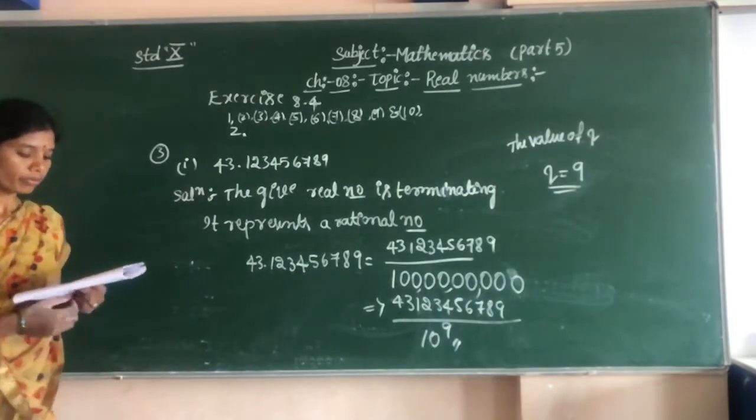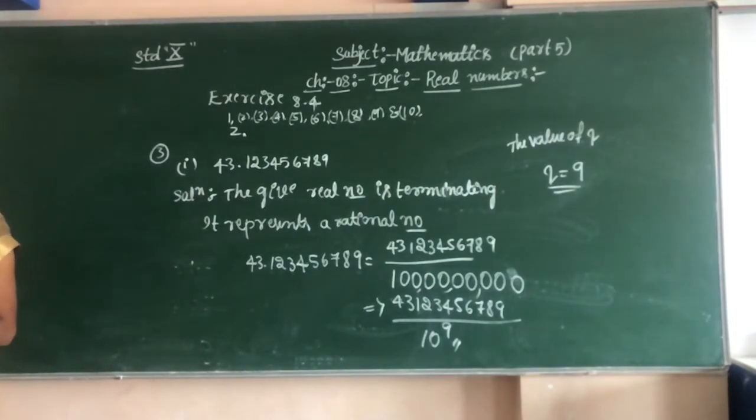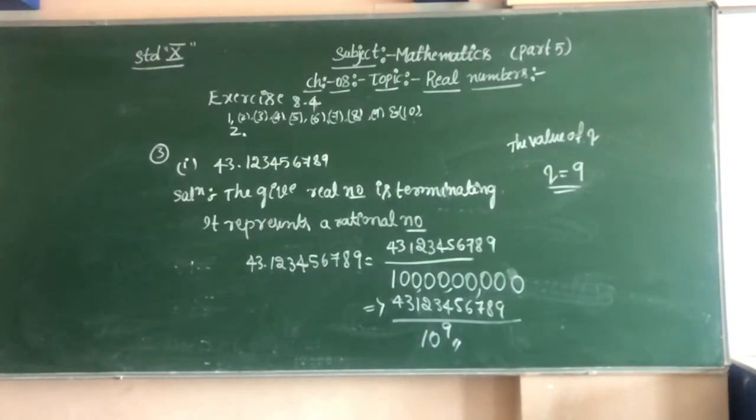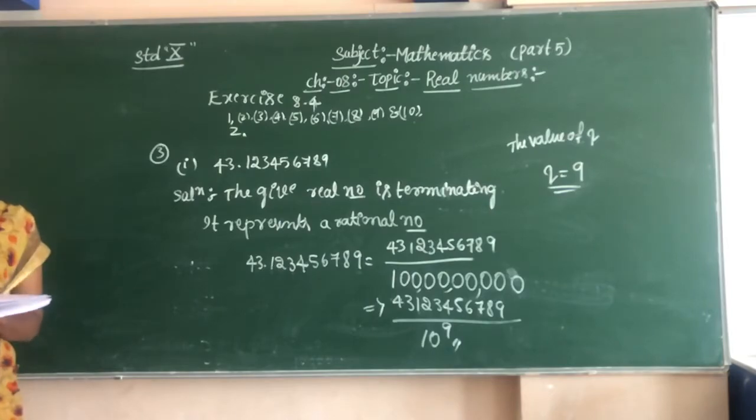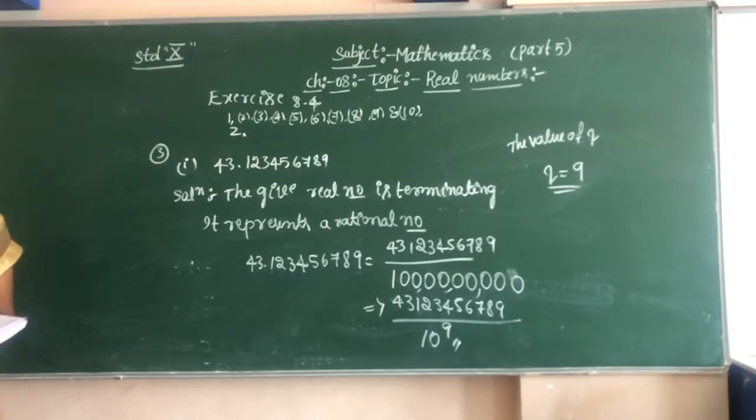Okay, children. So in the given second one, 0.1201201000120012... with four digit zeros. So is this a rational or an irrational number? This is not countable. Otherwise, the given real number is non-terminating.